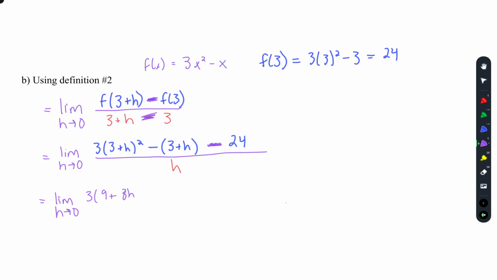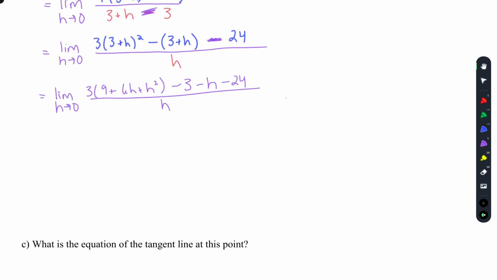Remember, oops, that'd be a 6, minus h minus 24 all over h. So I just squared out the 3 plus h. Don't do anything illegal, right? That's like 3 plus h times 3 plus h. Then we're getting after it.